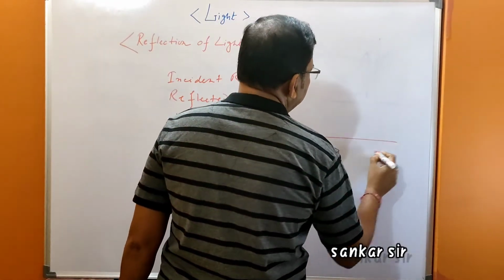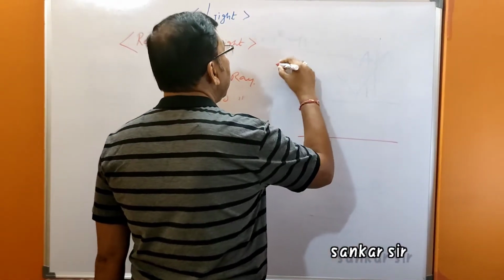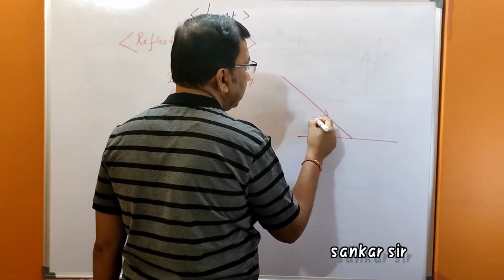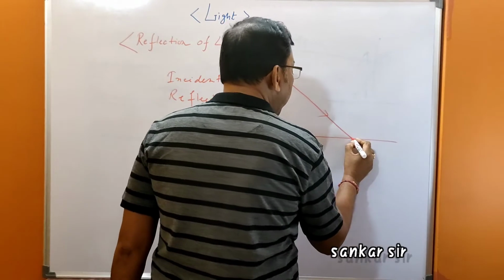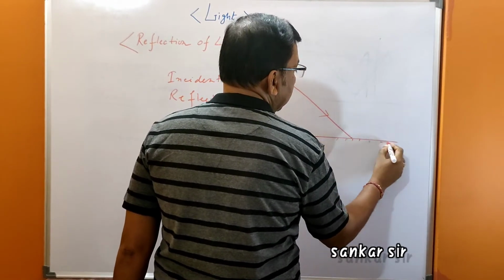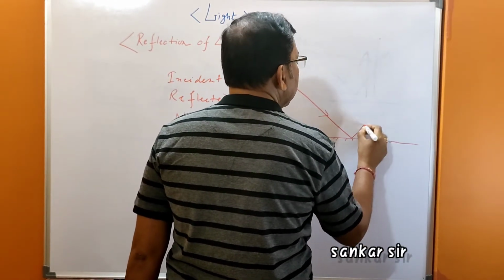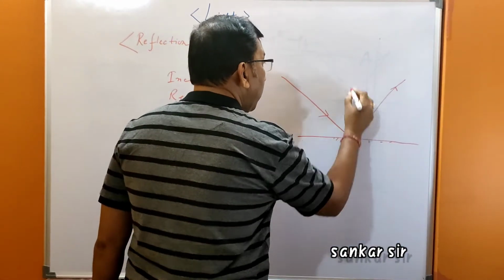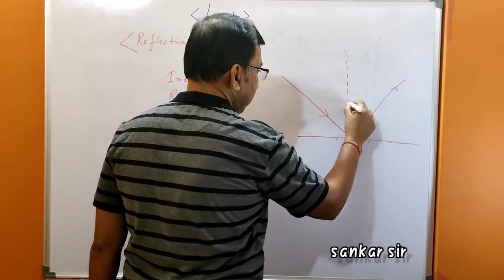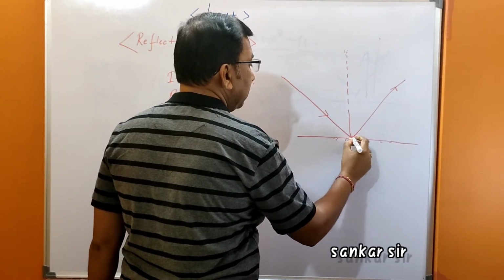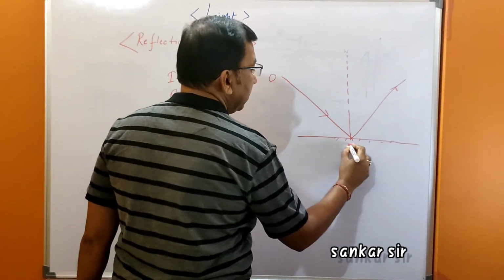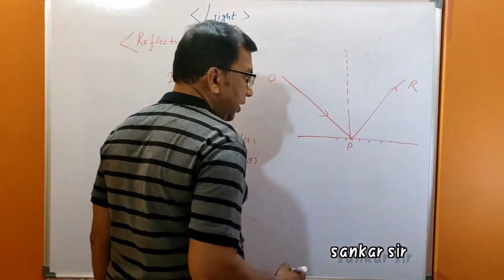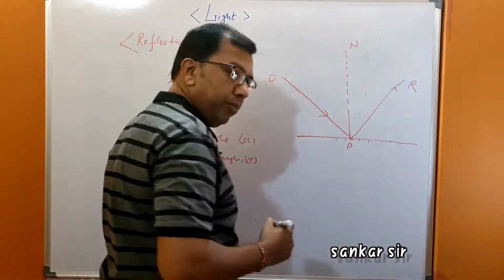Suppose this is the surface, and light falls here, and from this point of the surface, light returns there. If we draw a normal here, that means OP is the incident ray, PR is the reflected ray, and PN is the normal.